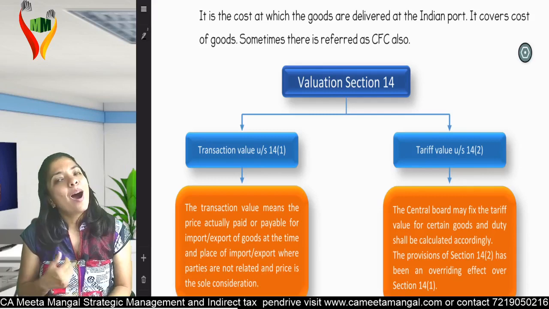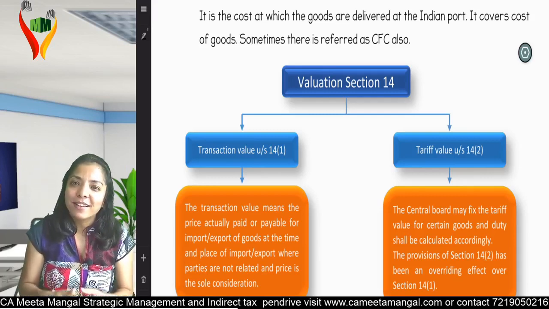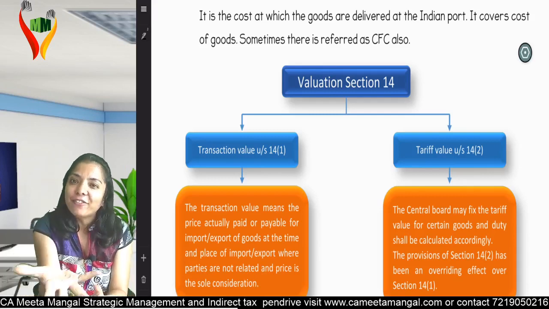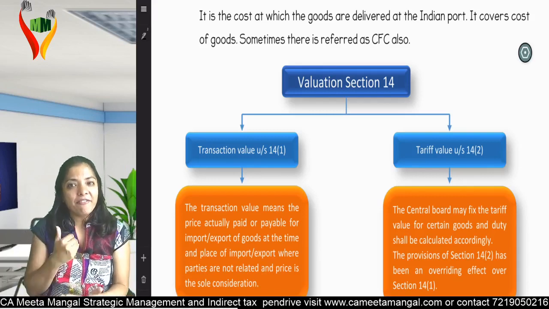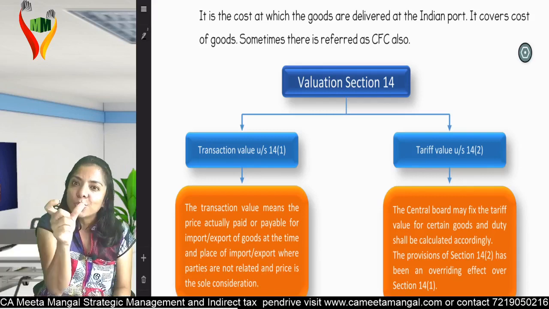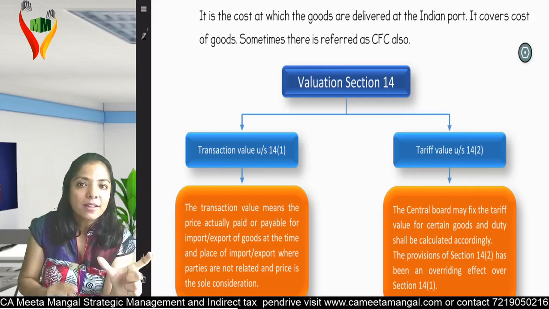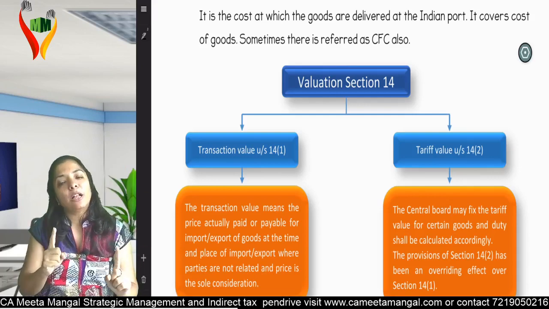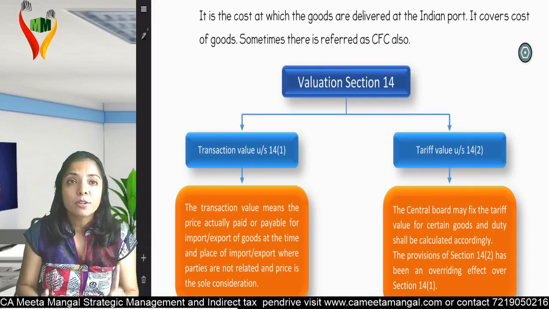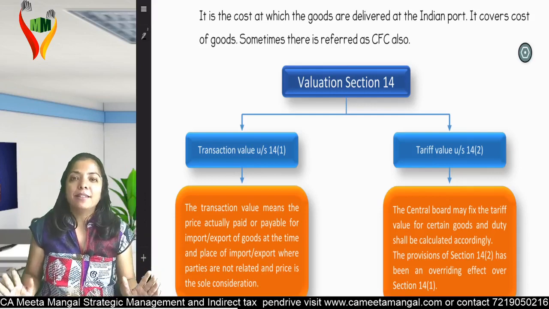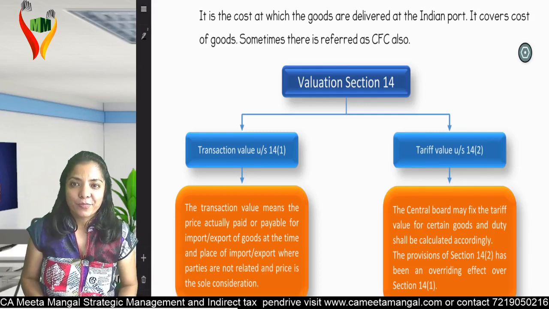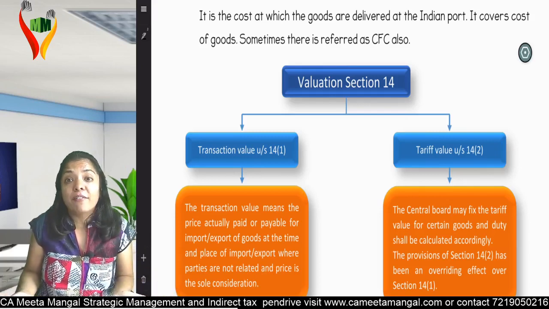Why? How will ICAI make our life so simple? By giving the tariff only. That is where we get the problem: how to calculate the value on which to pay the duty. If that value itself is wrong from our side, my duty calculation will also be wrong. So it never happens that ICAI gives a tariff value. But you never know when we are lucky.